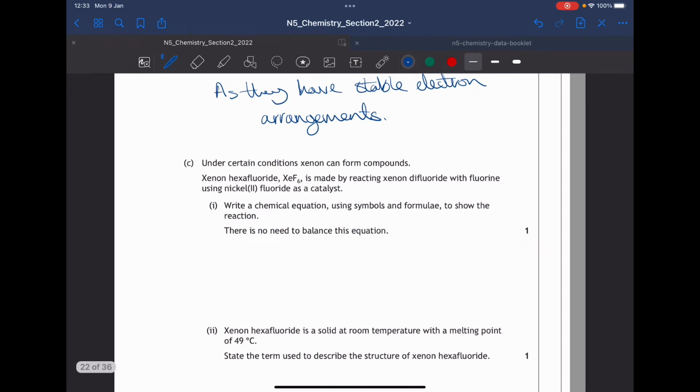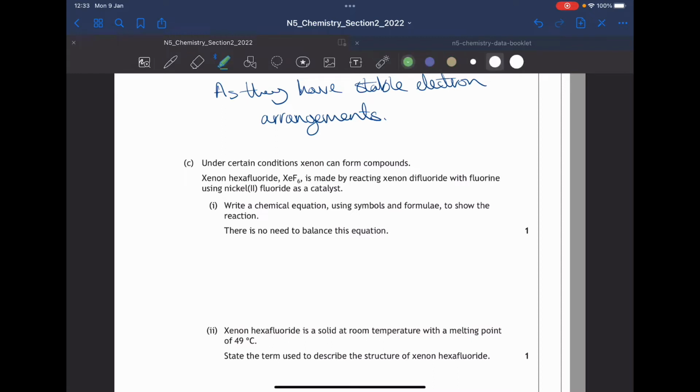So then part C, under certain conditions, xenon can form compounds. Xenon hexafluoride is made by reacting xenon difluoride with fluorine using nickel 2 fluoride as a catalyst. Write a chemical equation using symbols and formulae to show the reaction. There is no need to balance this equation. So it tells us in the question what the reactants are.